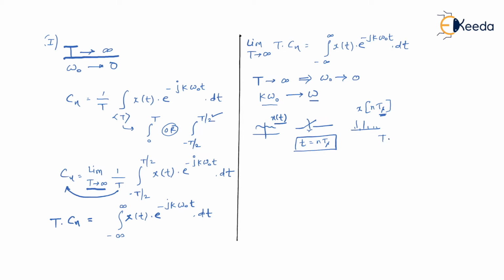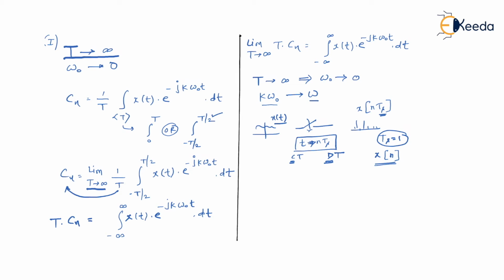Let us assume if Ts is equal to 1, in that case you write x of n, and this is what we call a discrete time signal, x of n. I hope you remember this. So when you are going from continuous time to discrete time, or in general continuous domain to discrete domain, you replace t with nTs.